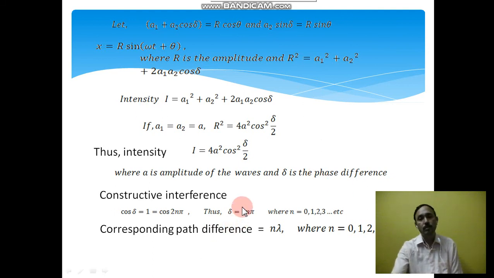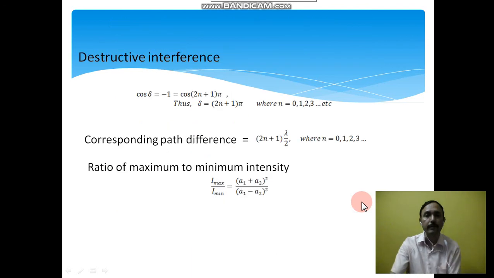So if delta is equal to 2n pi, then path difference is equal to phase difference into lambda by 2 pi. So this 2 pi will cancel out. So there will be n into lambda. So corresponding path difference becomes n lambda, where n is equal to 0, 1, 2, 3, etc.